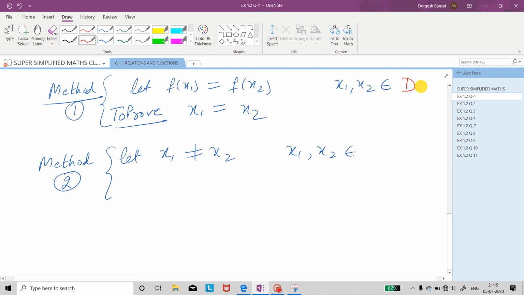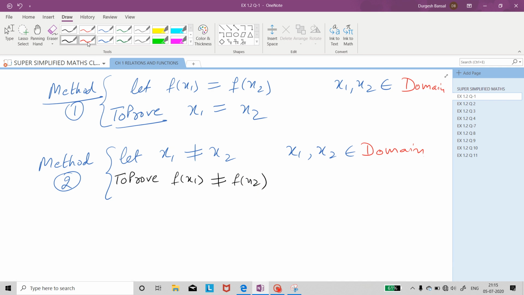So x1 and x2 belong to the domain set, because first I am explaining the method, then I am going to use it. You assume two numbers x1 and x2 in the domain set such that they are unequal. Then you have to prove that their images f(x1) and f(x2) are also unequal.